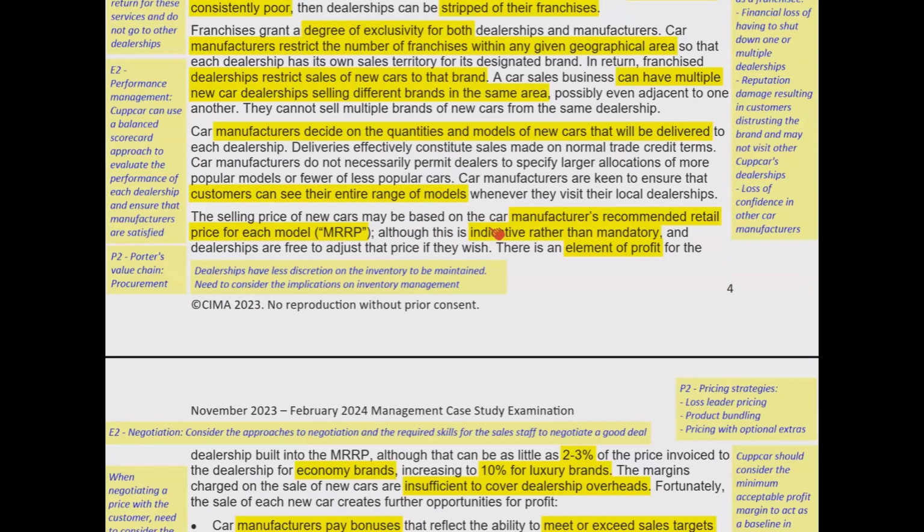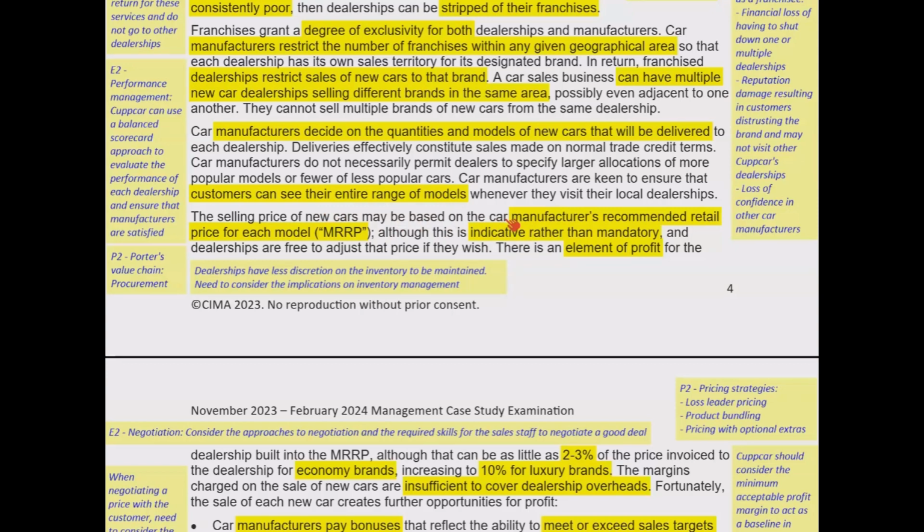Just another exam technique point, very important in the exam, you don't write something that actually is a point that is not possible because it's wrong, because it's actually going against what we know about from the pre-scene here. So if you had the idea that the car manufacturer set the price of a new car and the dealer has to sell it to that price, you would be wrong, and that would certainly not be something that you would want to get confused about in the actual exam.